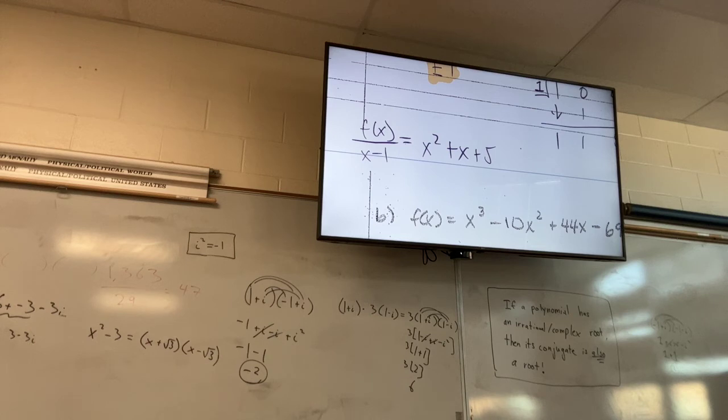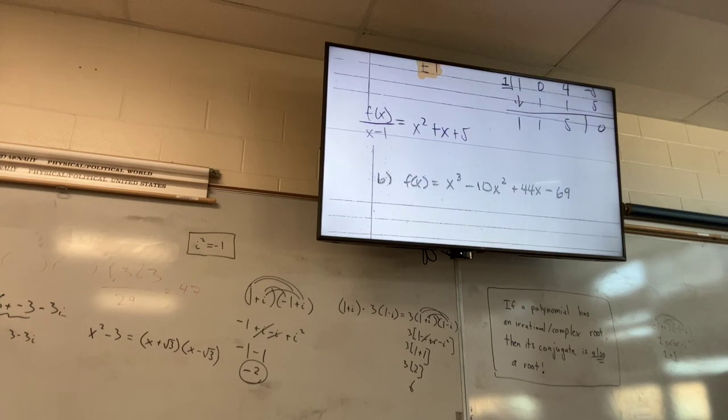So what we're going to have to do is use the quadratic formula, okay? So a equals 1, that's the coefficient of the x squared term. B is 1, that's the coefficient of the x term. And then my constant term is positive 5.